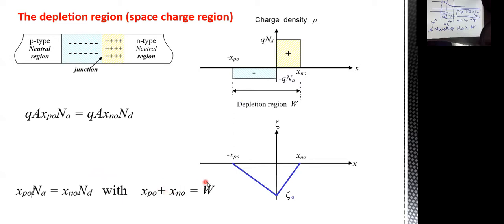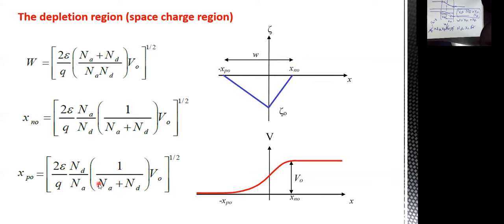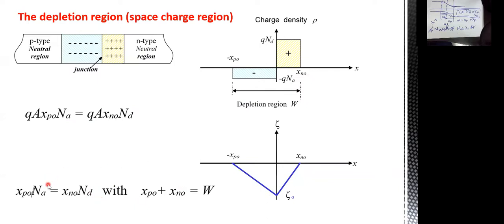XN plus XP is equal to W, which makes sense and is logical, and XP times NA equals XN times ND. So you just need one equation out of these three, and you can directly calculate the two other parameters using these two equations. So this is basically a direct substitution problem, whenever you understand well how you can substitute in these two conditions.